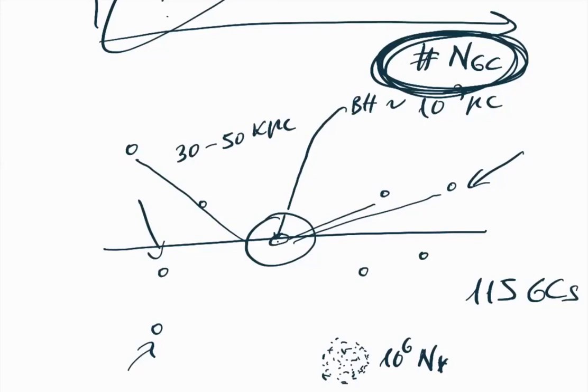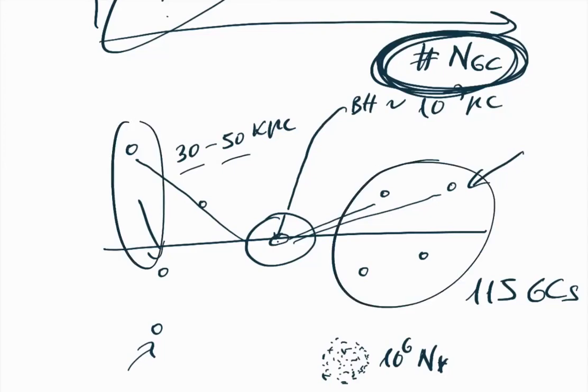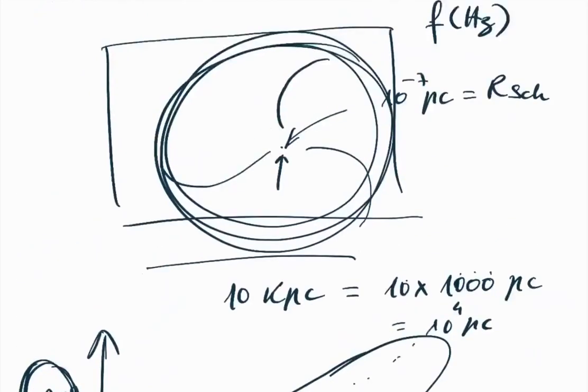If you move further than about 3 parsecs away from the supermassive black hole, you don't feel its gravity anymore. And we're talking about distances of 30 to 50,000 parsecs. And for some reason, the number of these objects is correlating with the mass of that little thing. Why? We don't know.